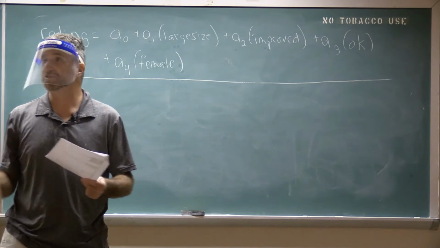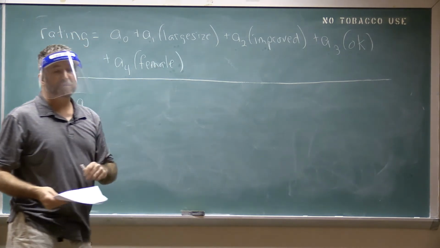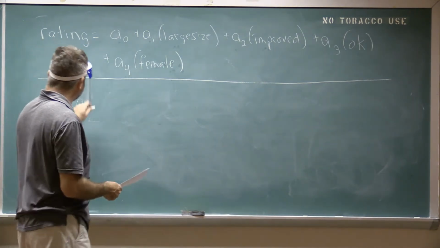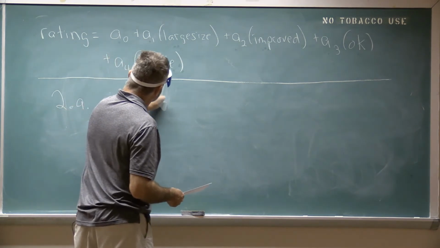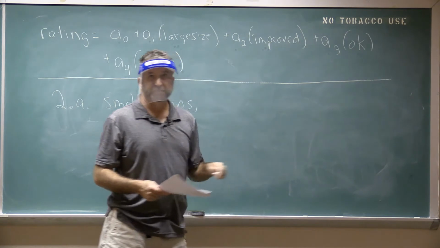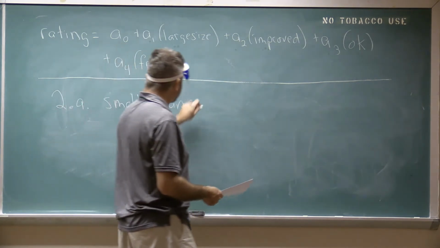And that's telling us something about the package. If this says 0 for large size, that means it's referring to small pecans. If improved equals 0, that means it's not improved, so it's referring to native variety.